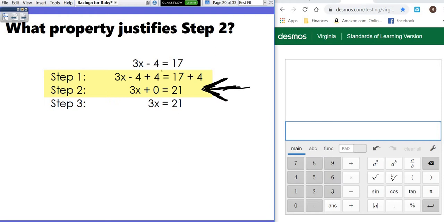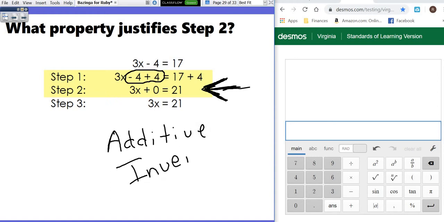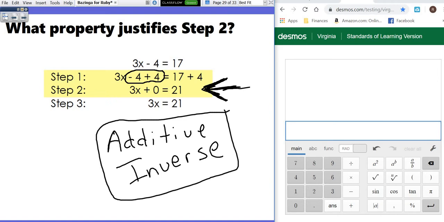But what's interesting here is the minus 4, which was up above it, plus 4 to give you 0. And that's known as the additive inverse, which means you're doing exactly the opposite of what you have, okay, to start solving this equation.